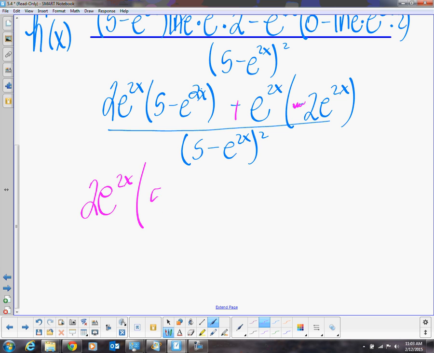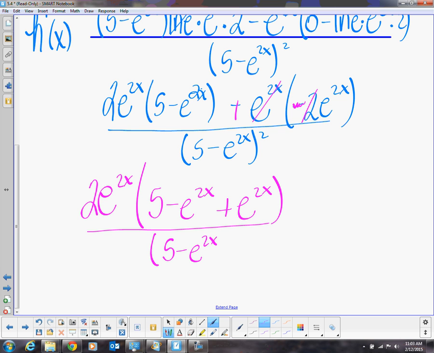So that leaves me with 5 minus e to the 2x. The e to the 2x came out. This 2 came out, leaving me with plus e to the 2x. Oh my, what happened? What cancels? Inside, right? Gone. So do you agree that's going to be 10e to the 2x over 5 minus e to the 2x?